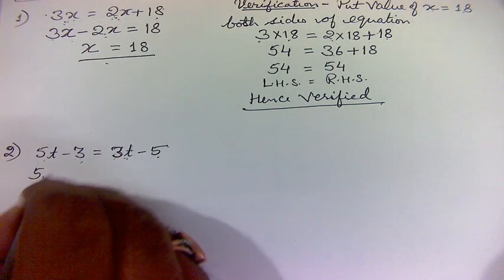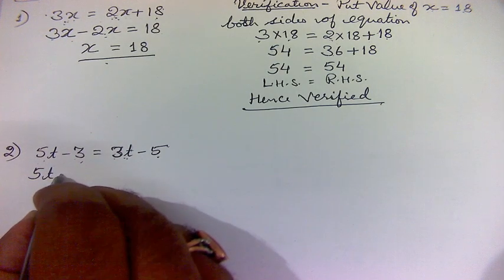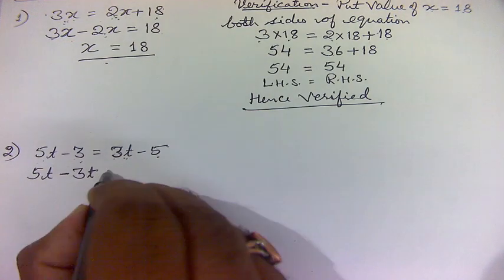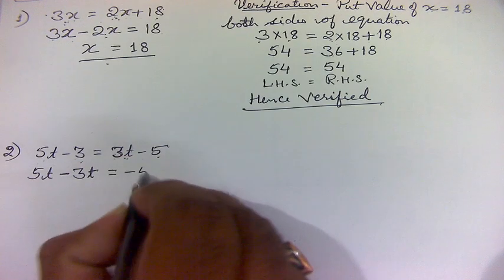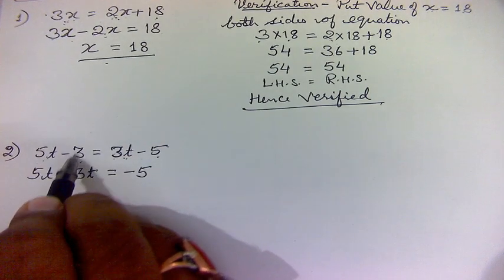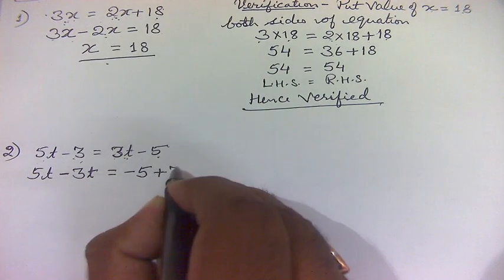So 5t. Now 3t, when you move it or transpose it to the left side, it becomes minus 3t equals, now what is left here? You are left with minus 5, and this minus 3, when you transpose it to the right side, it becomes plus 3.